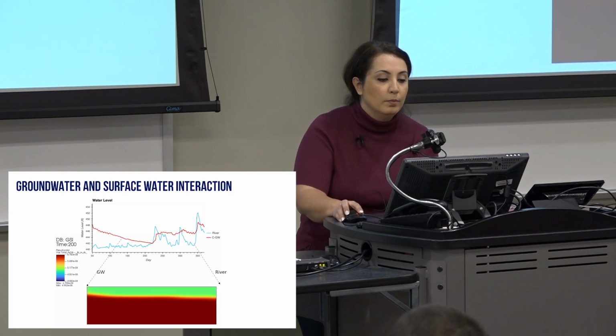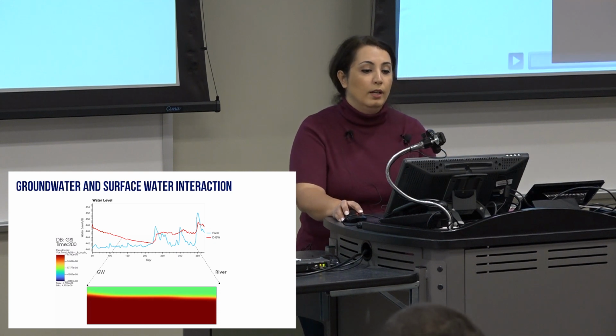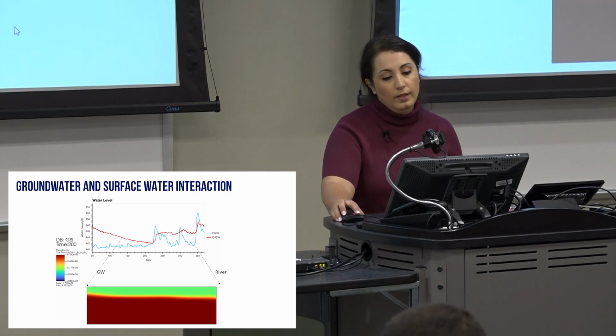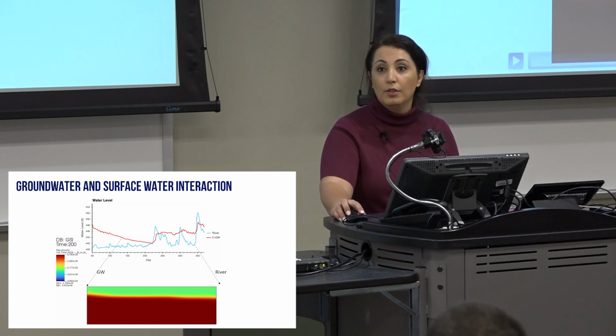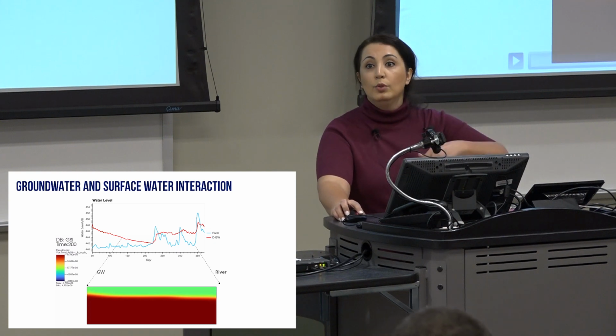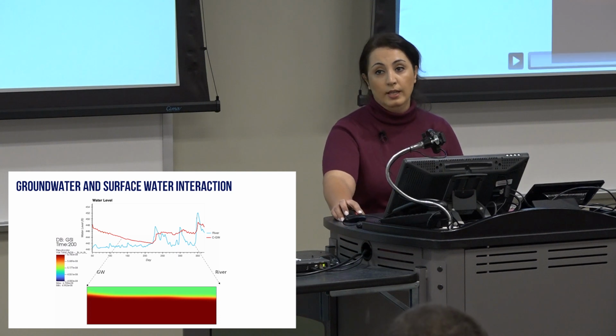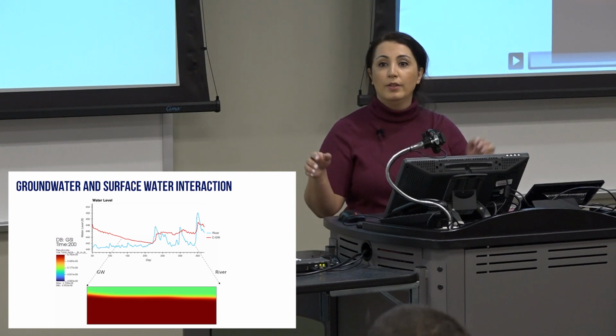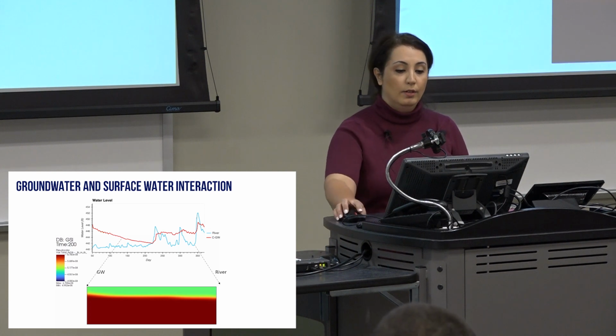Here the blue curve shows the river level, and the red curve shows the groundwater level. So in this example, we basically see that some concentration of arsenic will get into the groundwater due to the fluctuations in both groundwater and river level.